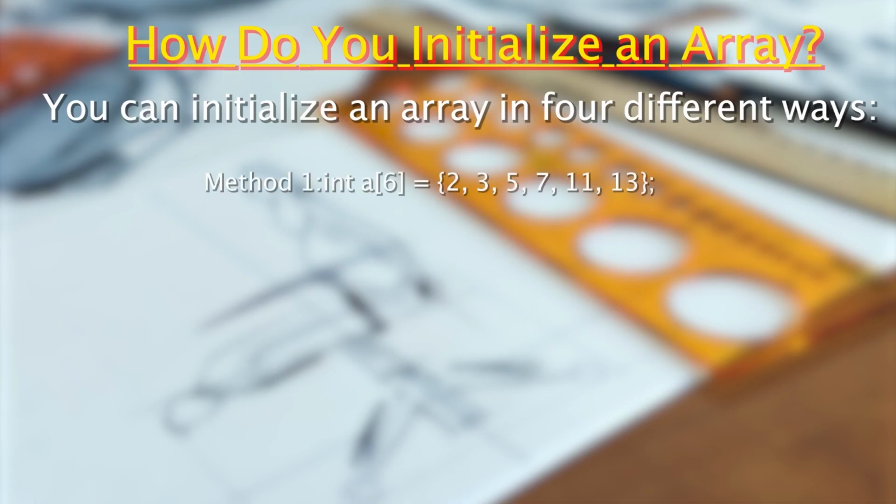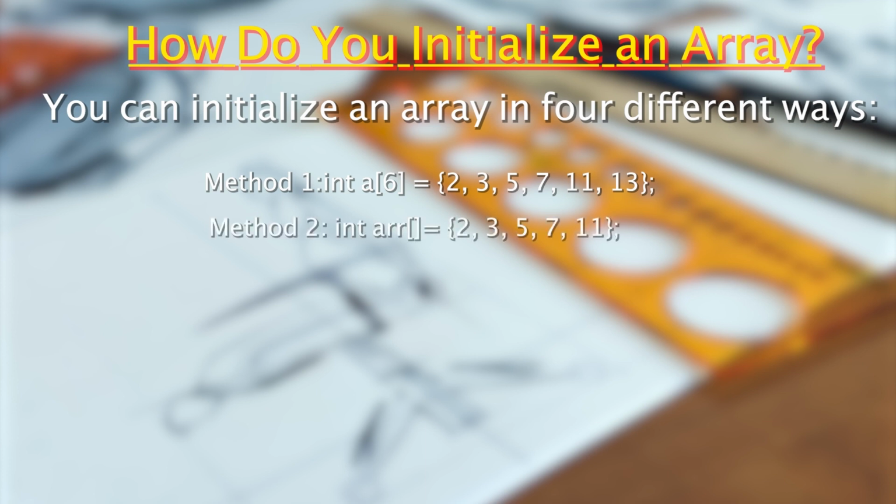After declaring the size, we can insert the values. These are static values. We define them statically, like int a[6] equal to 2, 3, 5, 7, 11, 13. This is the first method. It is the simple method, and we can use this type of syntax in programming also.